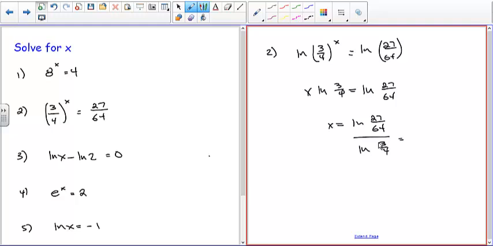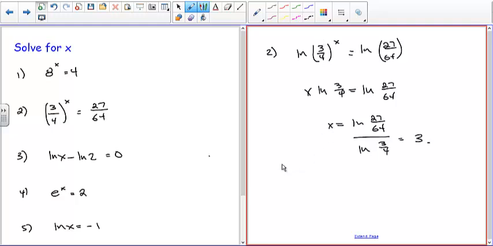If you plug that into your calculator, make sure you use parentheses: the natural log, left parenthesis, 27/64, right parenthesis, and then I do the natural log of 3 divided by 4, and I get 3 as the answer.